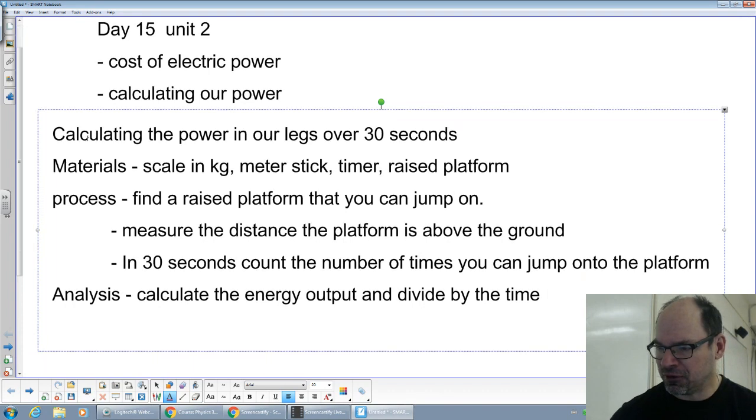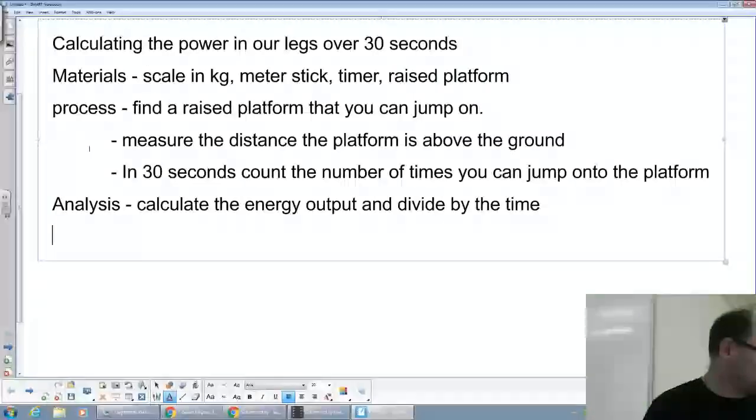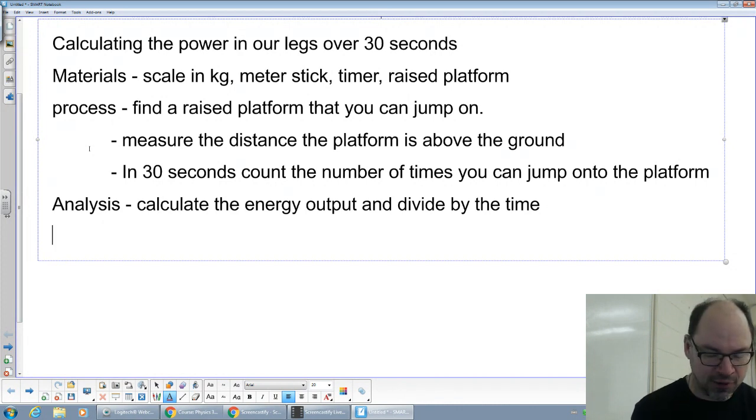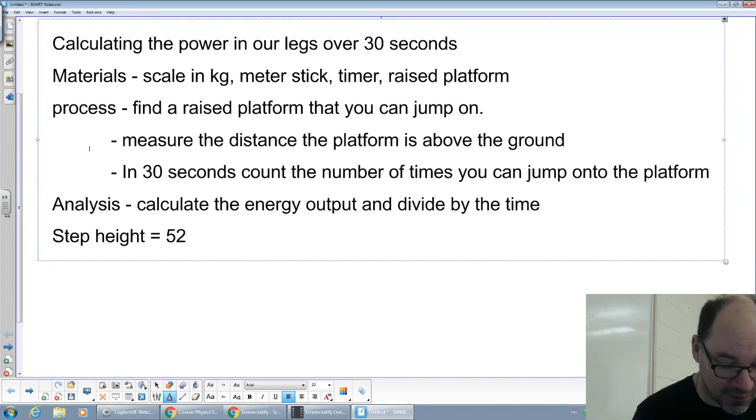Let's say that we were jumping onto something that was 75 centimeters high. It's pretty high. Let's say something that was 50 centimeters high. So let's say our step height was equal to, let's say, 52 centimeters.